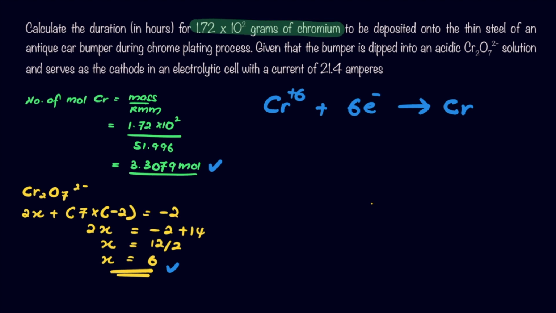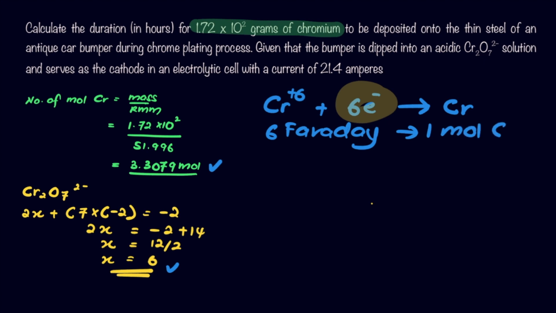So in other words, we can say that 6 Faraday, which is totally dependent on the number of electrons here, should produce 1 mole of chromium. Because we only have this much mole of chromium, we are going to calculate how many Faraday is available.